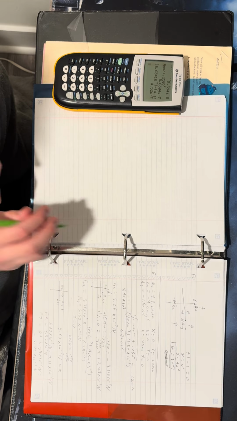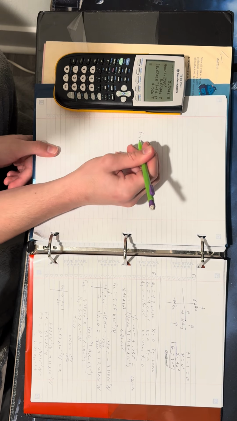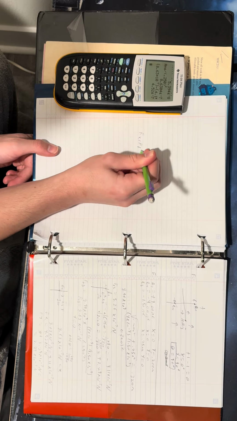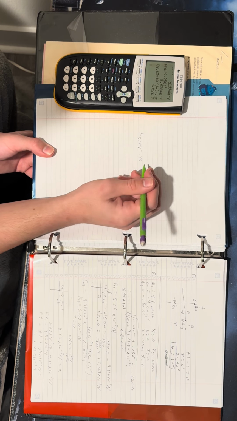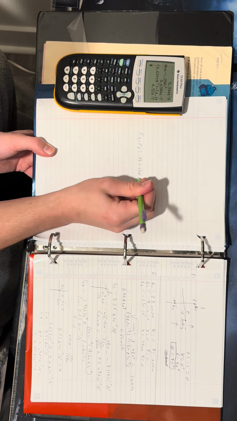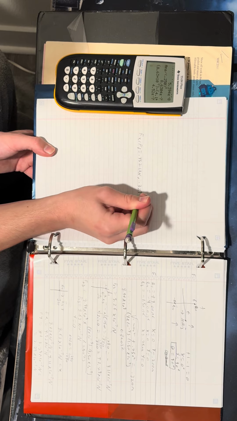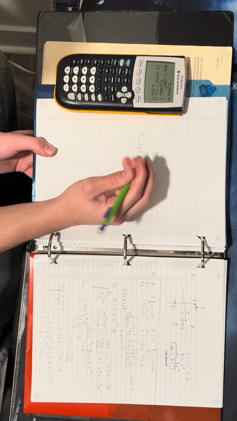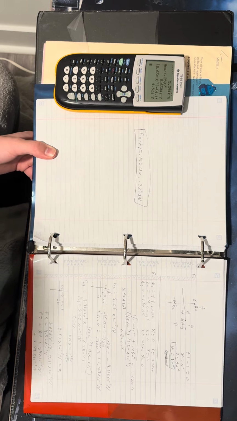So answer being Fx, Fy equals 0.452 micronewtons, yeah, and 0.329. And that is the last part.